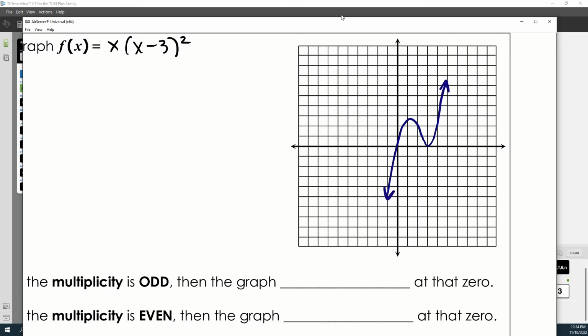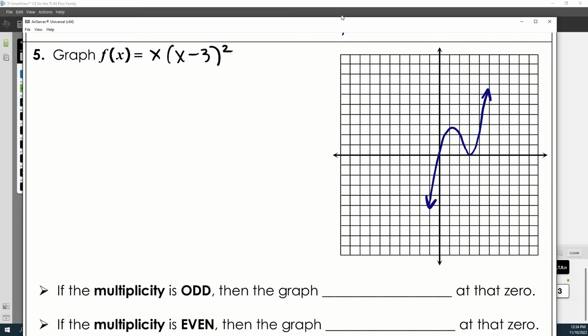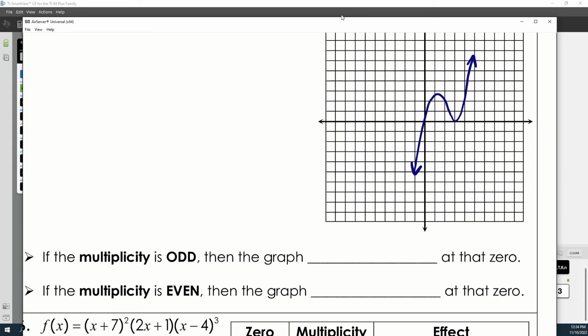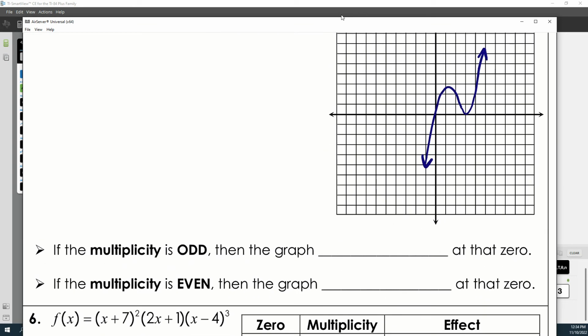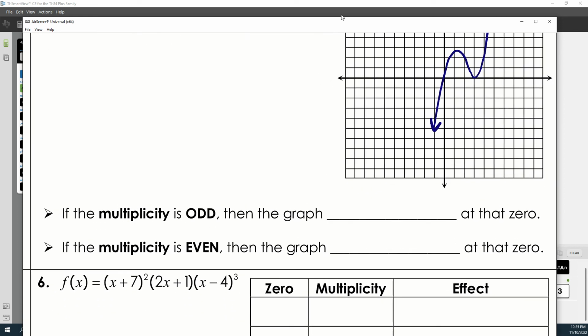So it looks something like that. All right, so whenever there is an odd multiplicity, like there was at 0, the multiplicity is 1, then the graph crosses at that 0.